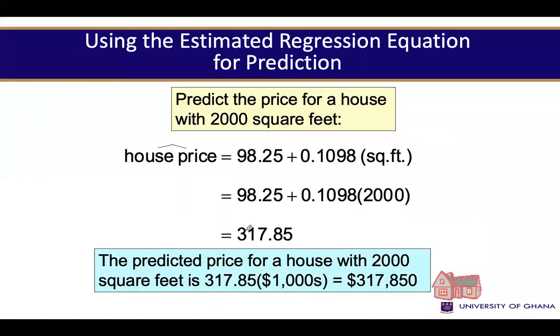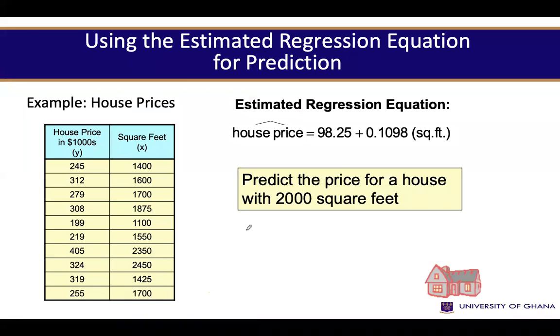But the reason we do the regression also is to be able to predict. You should be able to predict the price of a house with an area of 2,000 square feet. Basically, we've been able to find the equation of the house price, so all we need to do is place this into the regression equation, and then it's done.